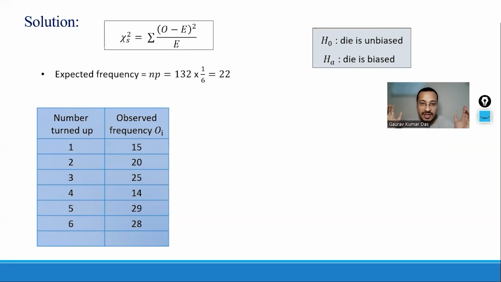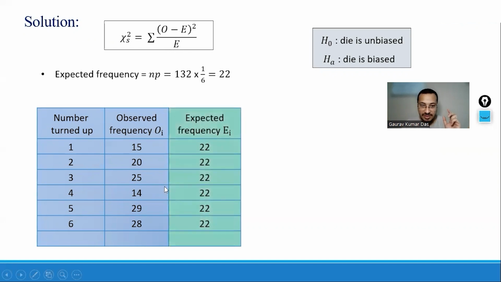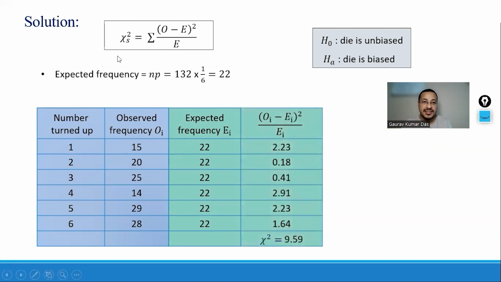Similarly, we are saying that 22 should be the expected frequency for all of these numbers, because the probability of each occurring is the same for one trial, which is 1 by 6. Then I have to calculate (O minus E) whole square divided by E.